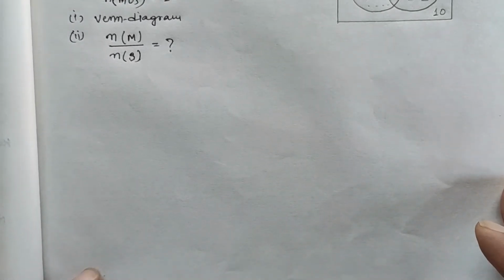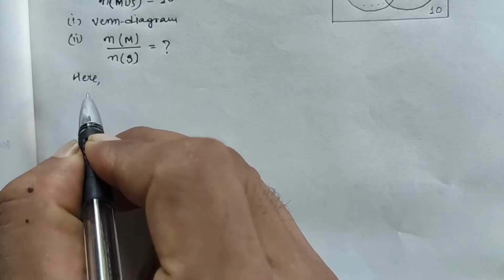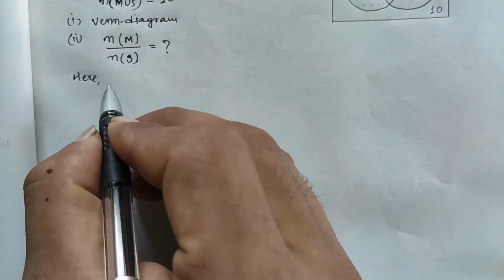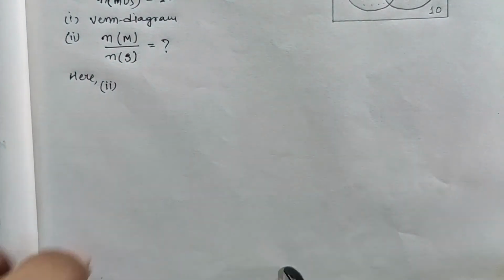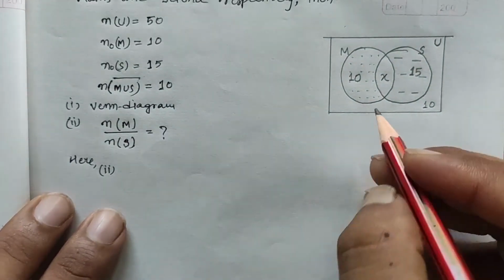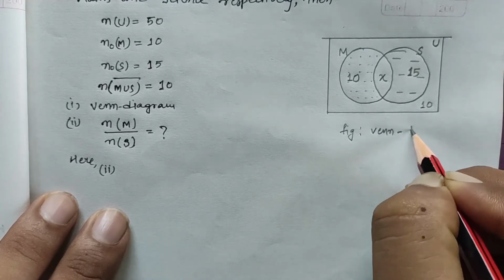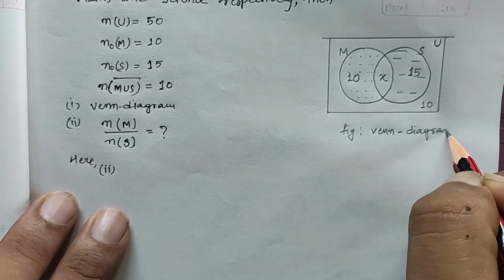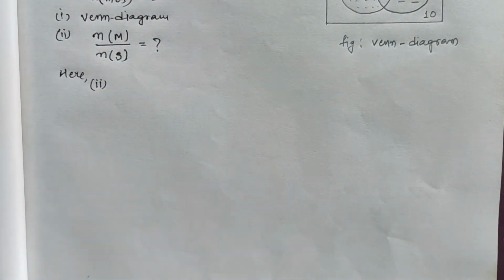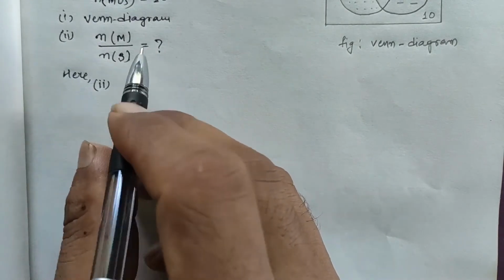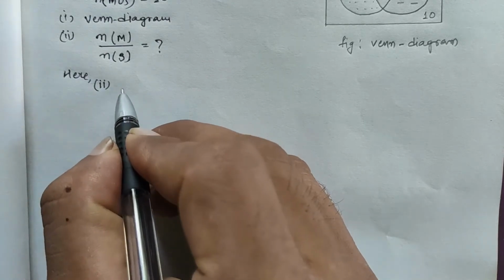So let's solve it. Here we are solving for part two, because the Venn diagram we have already drawn. Now we are going to find n(M) and n(S). To find n(M) we have to know the union first.